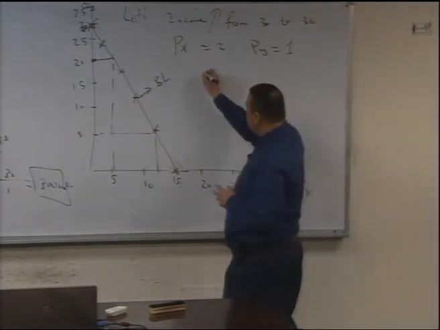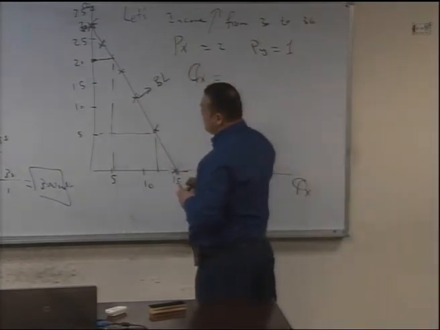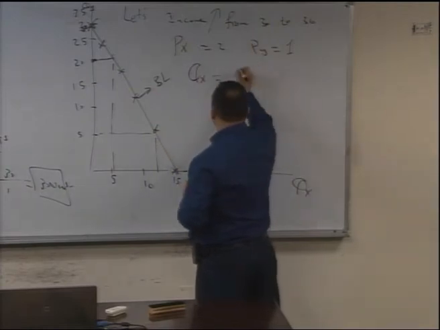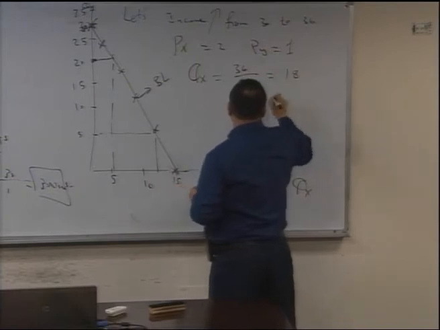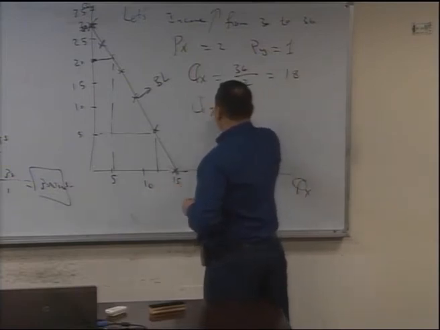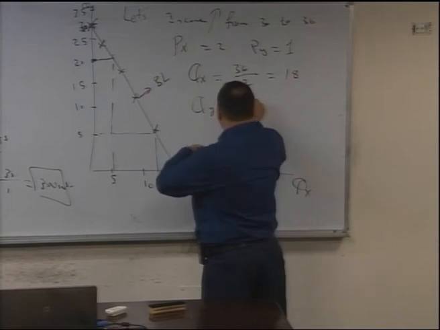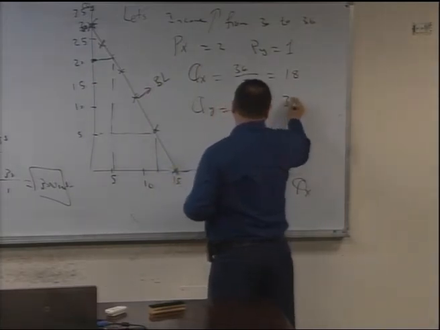What will happen? The new quantity of X purchased will be the new income, 36 over 2, equals 18, and the quantity of Y equals the new income, 36 over 1, equals 36.